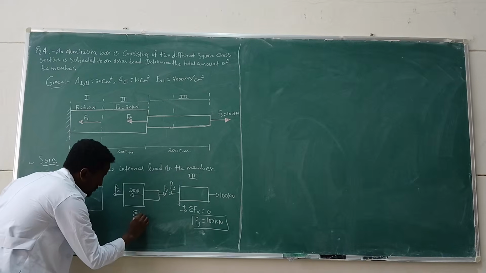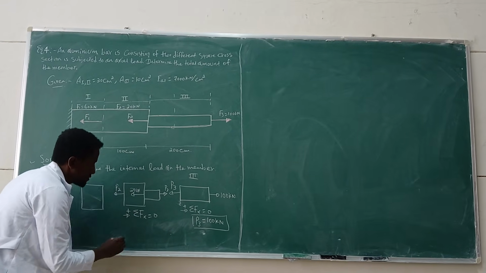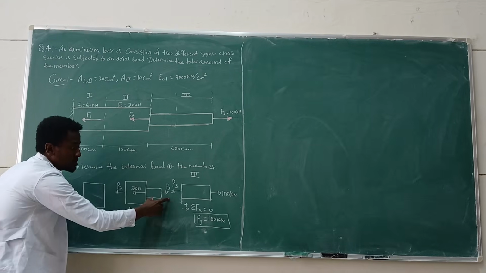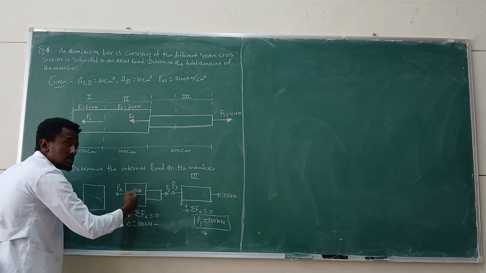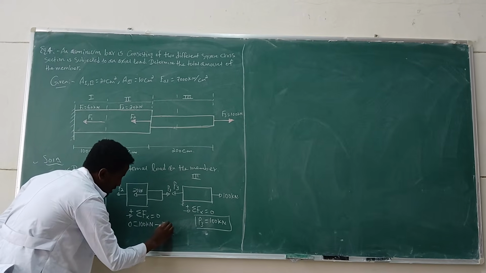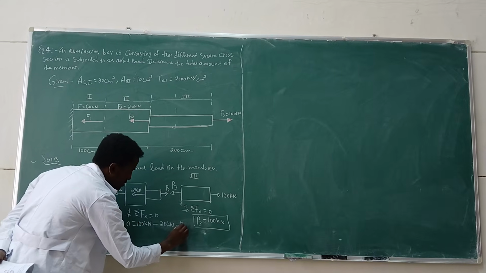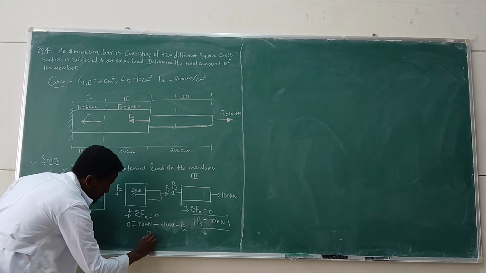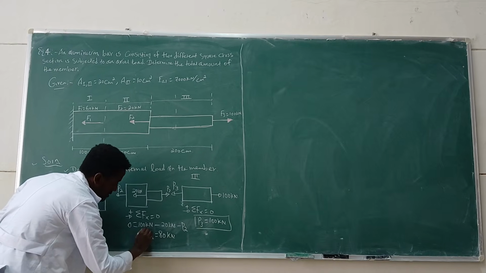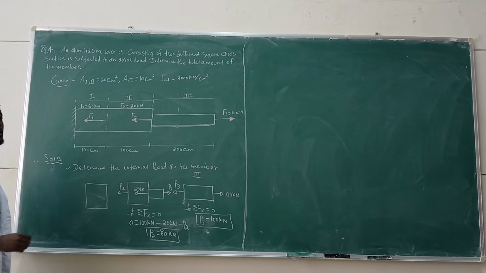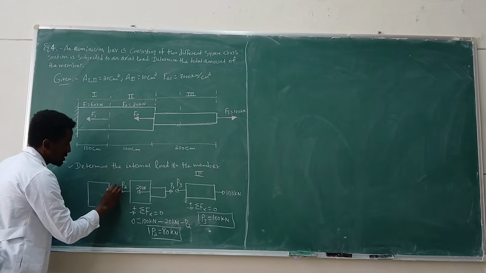Again, the summation of force in the X is equal to 0, right direction positive. 0 is equal to P3, 100 kilonewton, minus 20 kilonewton, minus P2. P2 is equal to 80 kilonewton. This is the internal force, and opposite it is also P2.